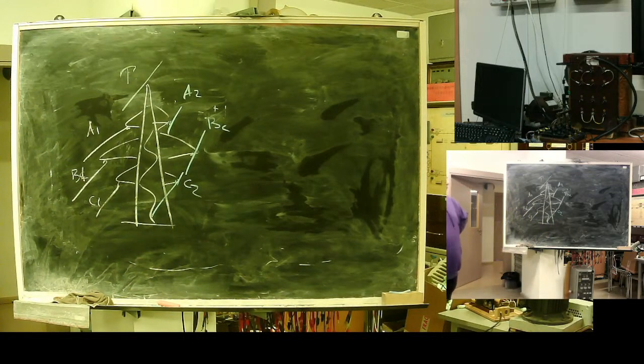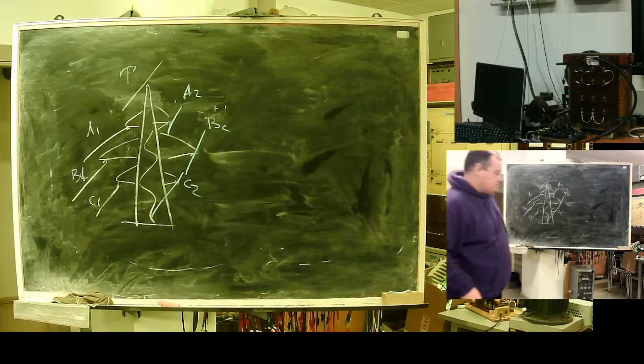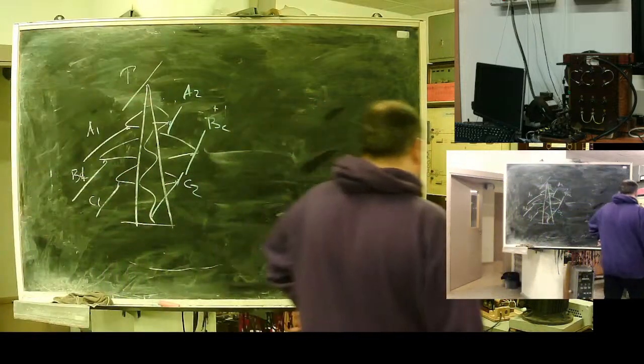We have two lines sharing the same tower system. Can it be?